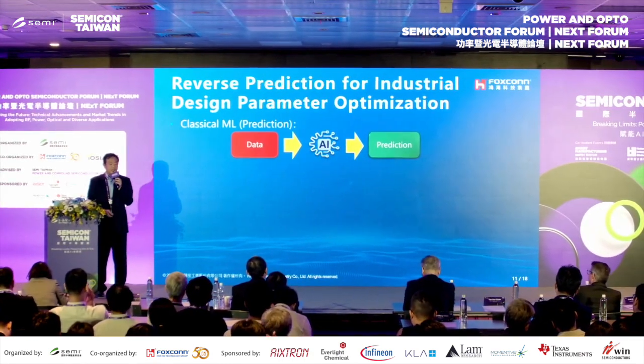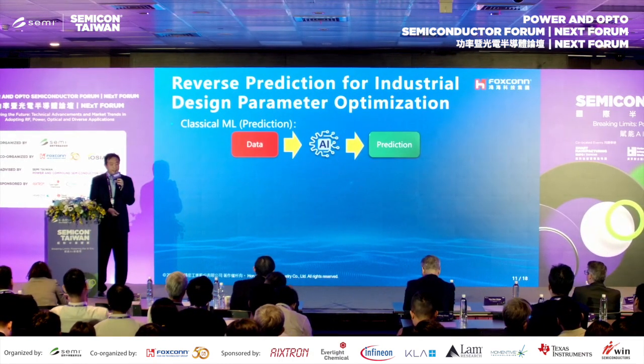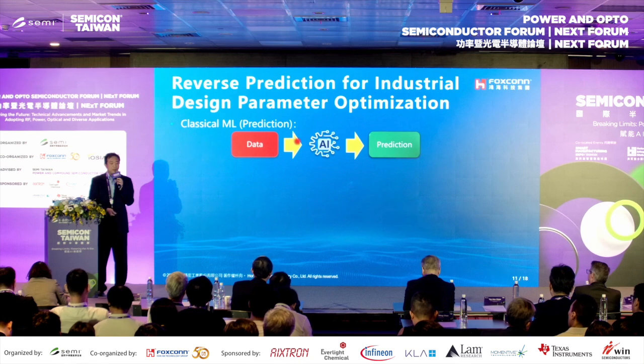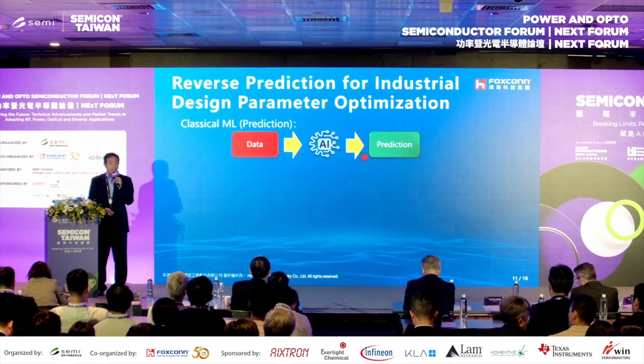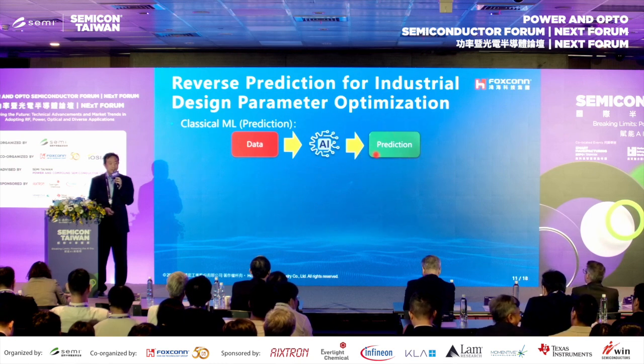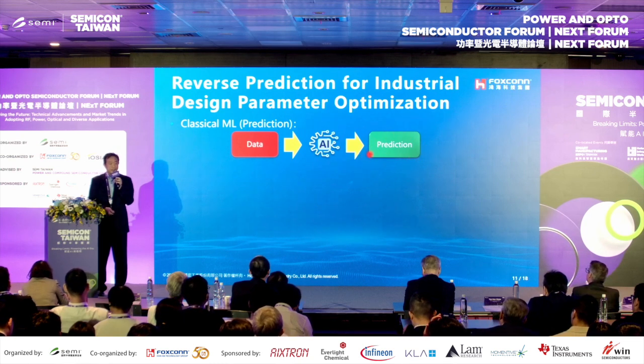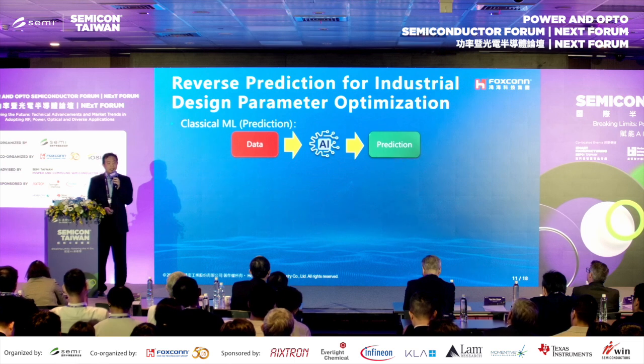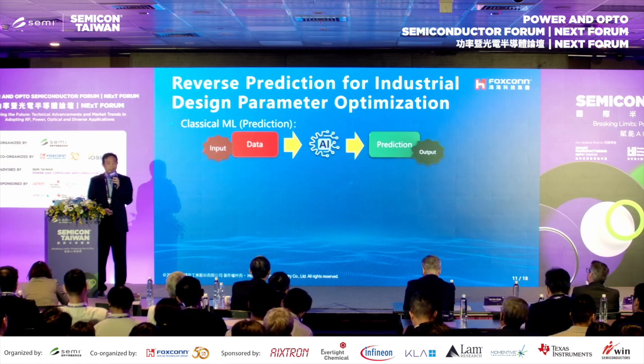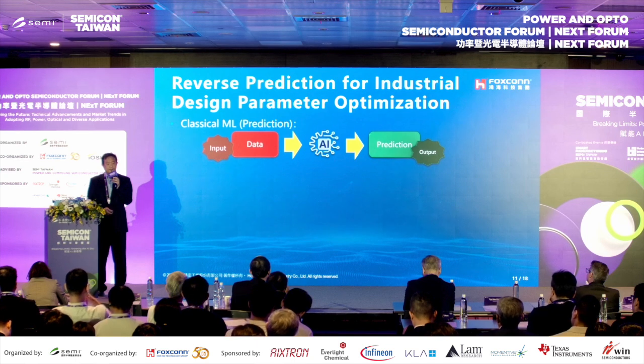For classical machine learning, we gather data and we have a trained AI model, and we input this data into this model, and we get the classification or prediction result. So in this classical flow of machine learning, the data is the input and the prediction is the output.